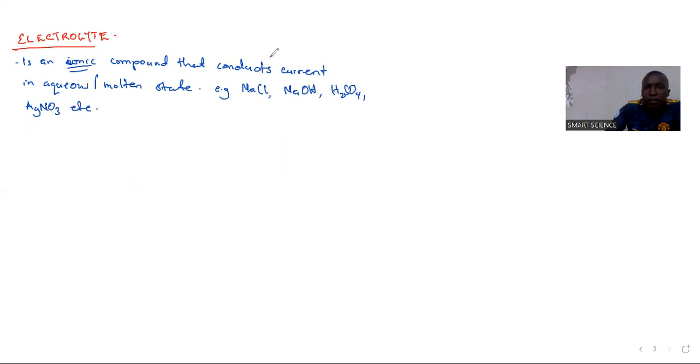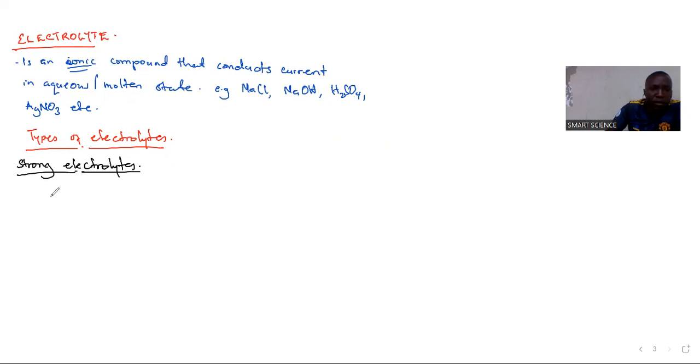The types of electrolytes are going to be borrowed from acids, bases, and salts. If you still recall, we have strong electrolytes and weak electrolytes. The strong electrolytes are completely ionized in aqueous state.